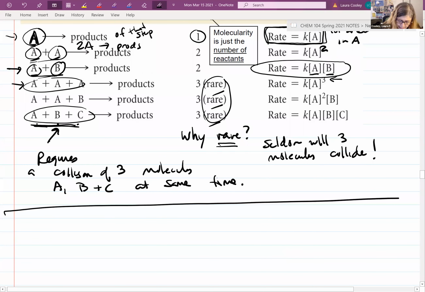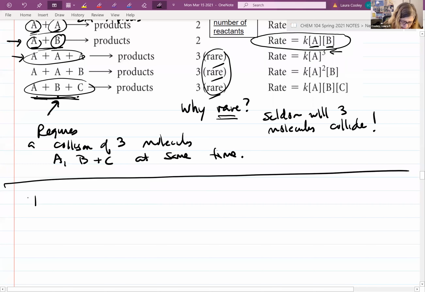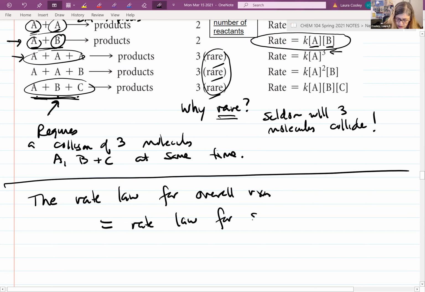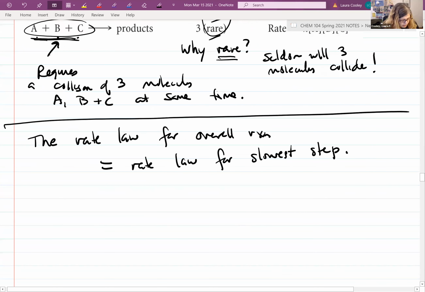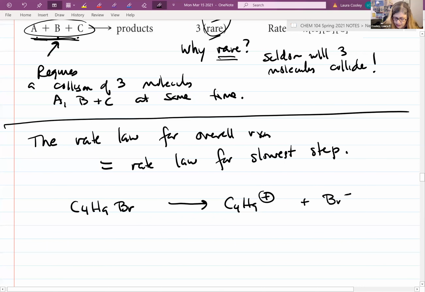So anyway, the point is that the rate law for the overall reaction is equal to the rate law for the slowest step. And I've probably said this 10 times already. So in the case of the reaction that we studied, this reaction slowly forms C4H9+ plus a bromide ion.